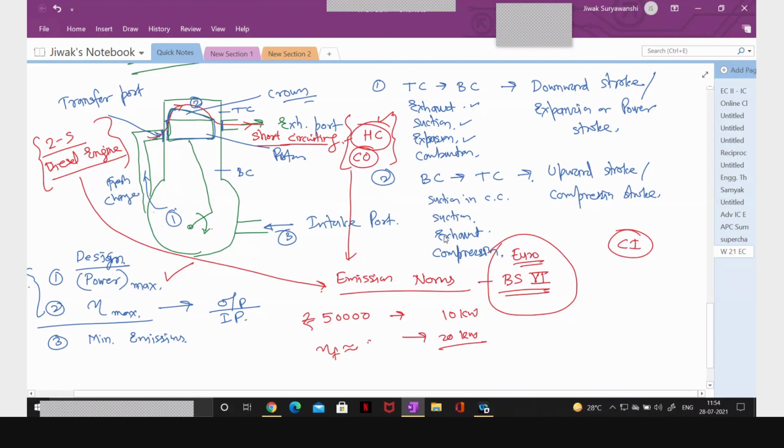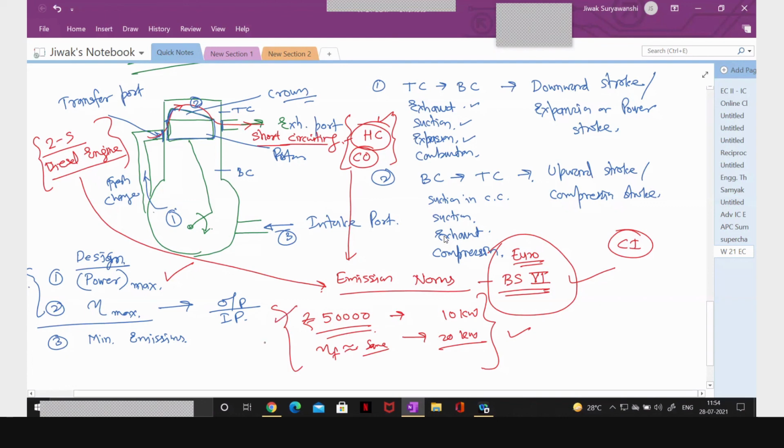Then definitely you will prefer this, because this will give you good acceleration, good pickup. You will have a thrill, isn't it? So definitely you take this as a challenge and try to come up with some solution, so that this two-stroke diesel engine will also meet these emission norms and will also give benefit in terms of power output, so that the consumer will get benefited.